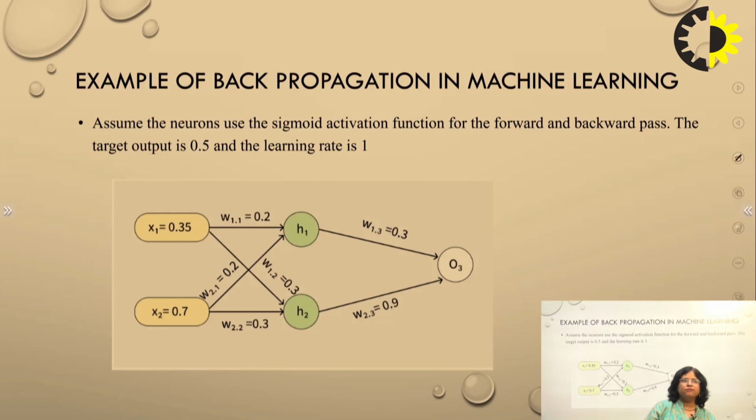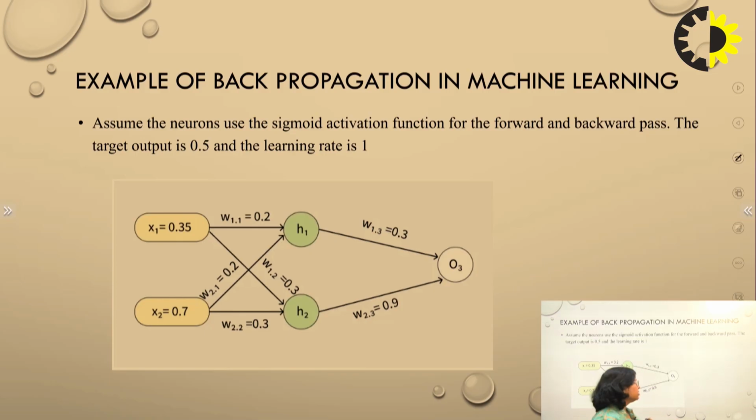Suppose we have a neural network. In this neural network, the sigmoid function is used for the forward and backward pass, and we assume that the target output value is 0.5 and the learning rate is 1. By using these values, we need to update the weights.